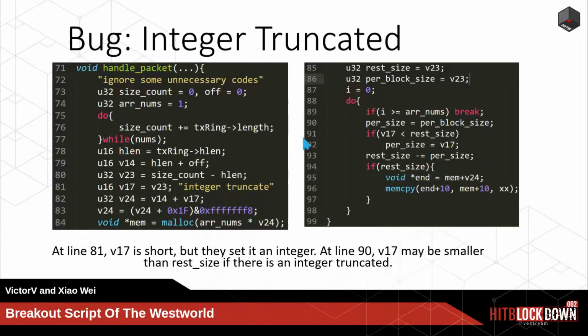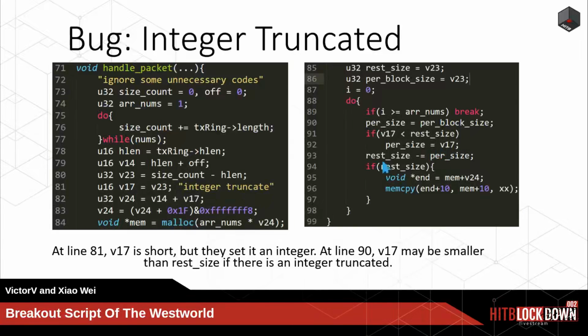And look at line 91. Rest size is equal to variable v23 minus v17. If the value of v23 is bigger than 0x10000, then v17 must be smaller than rest size, and per size will be assigned with v17.